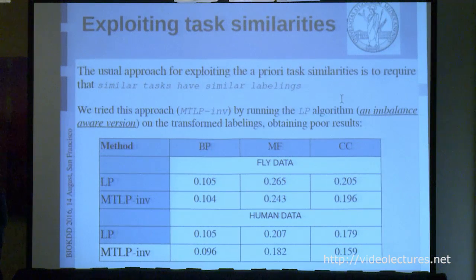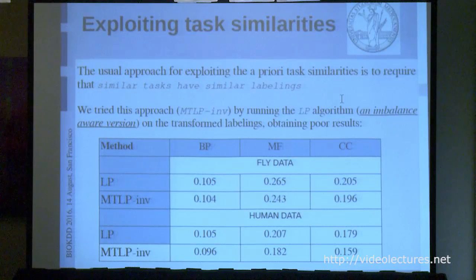Here we mention this algorithm as MTLP INV, while LP is the label propagation method that I described just before. And this was quite curious for us because we didn't expect such results. Here I don't report how we compute such kind of multitask algorithm. It will be clear from the next slides when I talk about our method.